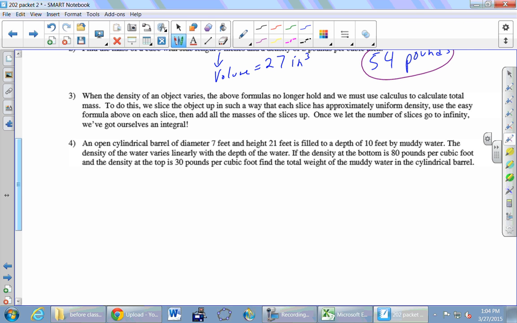So maybe we have to slice this guy, so that we're looking at little slivers of things that roughly have a constant density, and then we'll add up all these little masses, right? And then an integral. Okay, so let's try number 4, Petru.